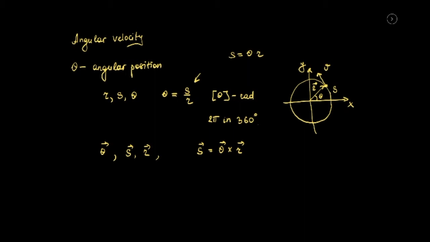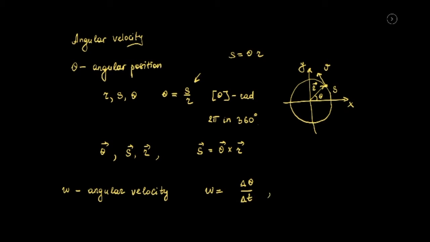So now we can also define the angular velocity. The angular velocity is denoted by omega. The definition of angular velocity is the time rate of change of the angle theta, which means omega is equal to delta theta divided by delta t.